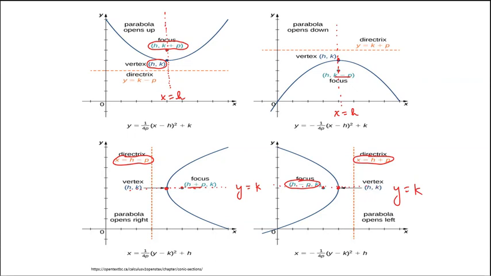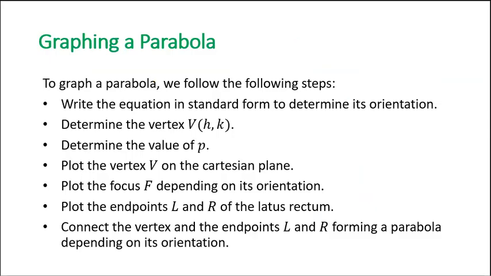Now, how do we graph a parabola? To graph a parabola, we follow the following steps. We first write the equation in standard form to determine its orientation. For example, if we have something like x minus 3 quantity squared is equal to 8 times y plus 2, we can see that x is the one that is squared, and the right side has a positive coefficient, which is 8.